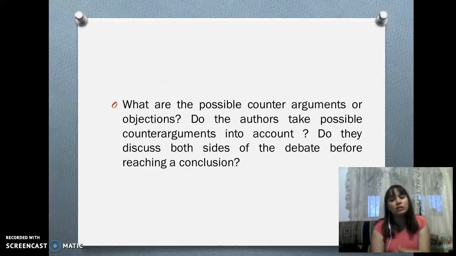What are the possible counter-arguments or objections? Do the authors take possible counter-arguments into account? Do they discuss both sides of the debate before reaching a conclusion?